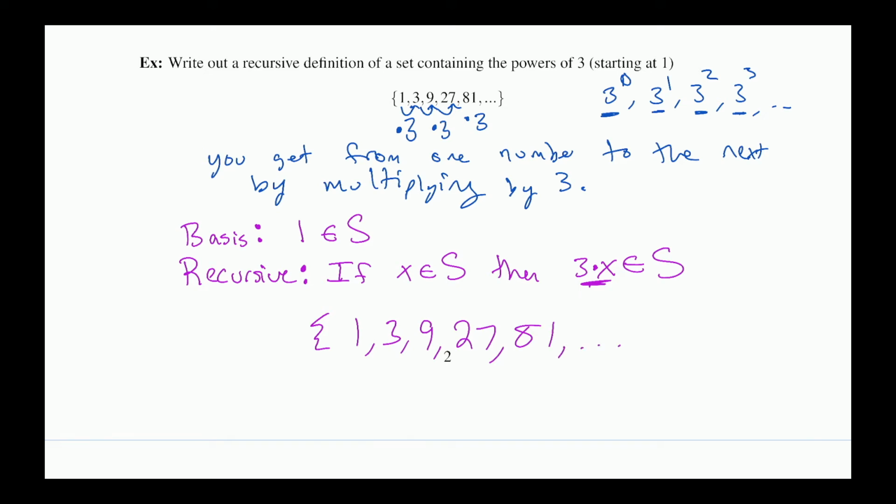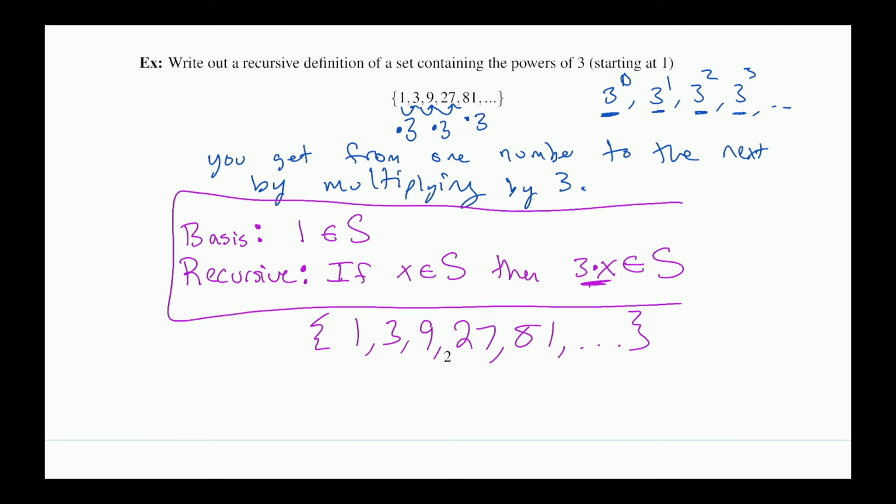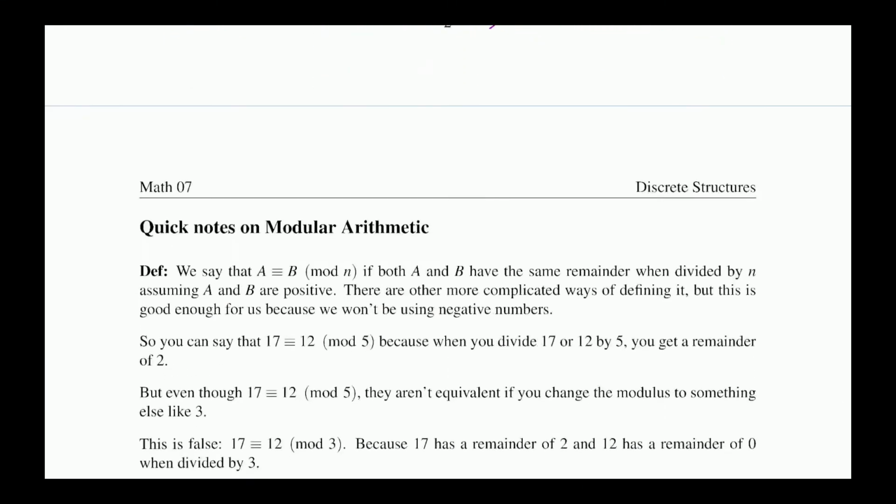And so that's it. As soon as you came up with this idea that you get from one number to the next by multiplying by 3, that was all of the hard work. After that, you just write it down. Okay, so these are not as hard as they're going to initially seem. They're not that bad.